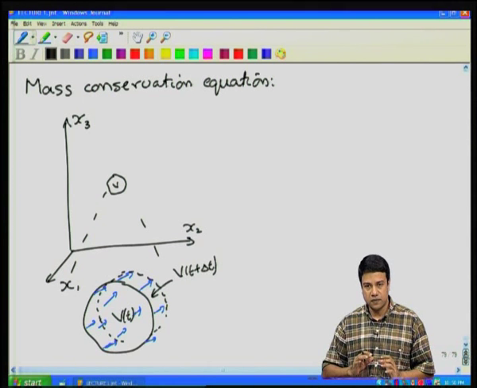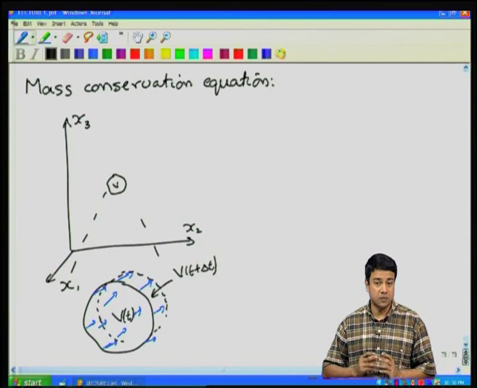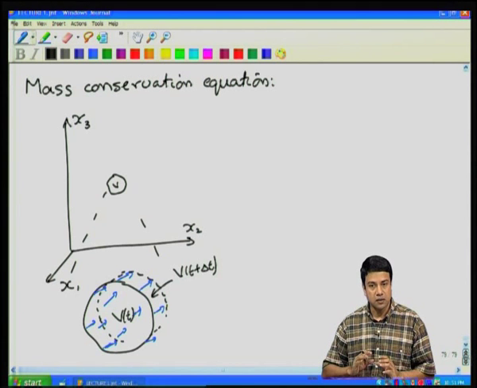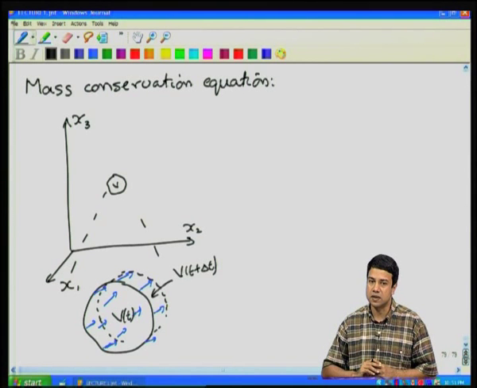And whatever fluid material points, fluid molecules say, that were moving at that same velocity as the mean fluid velocity, those that were inside the volume will continue to be inside the volume, those that were on the surface will continue to be on the surface, and those that were outside will continue to be outside.